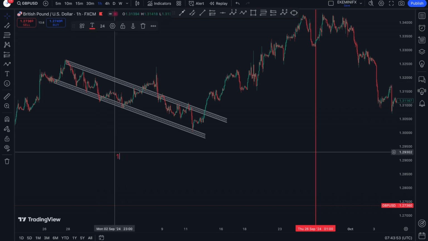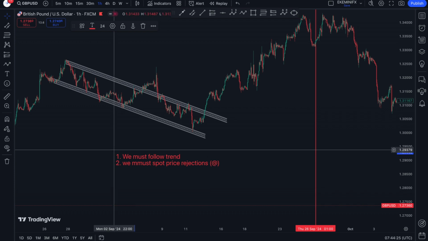The first rules that we are going to use to trade: one, we must follow trend. Two, we must spot price rejections, at least two or more.